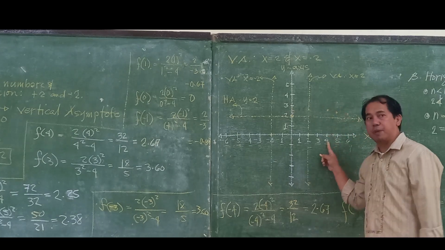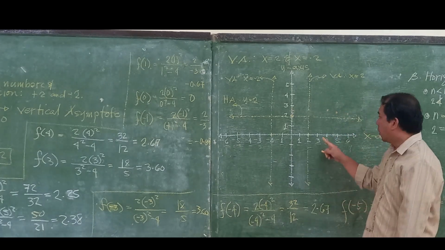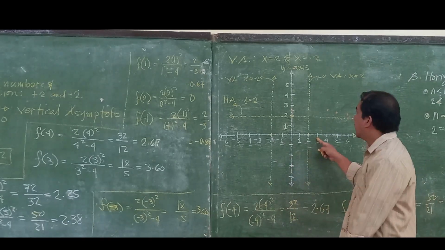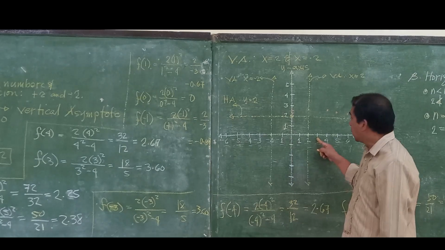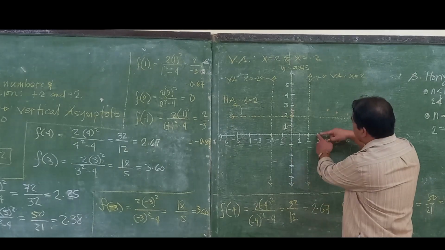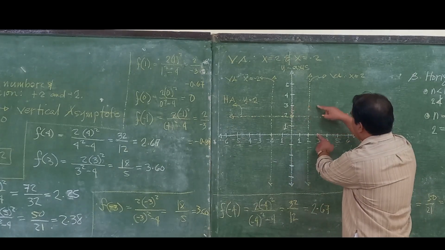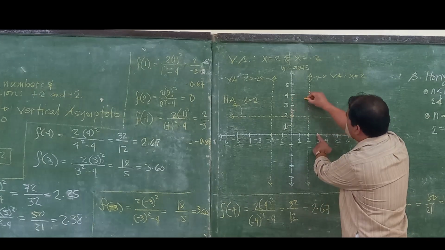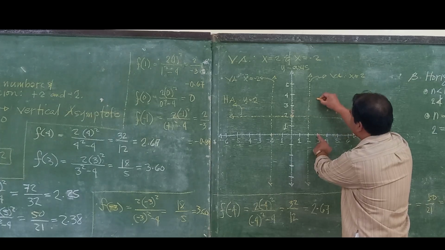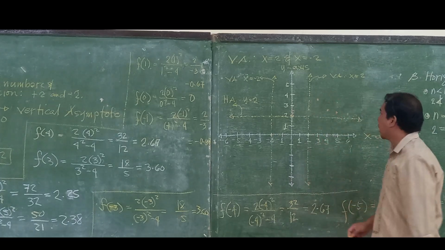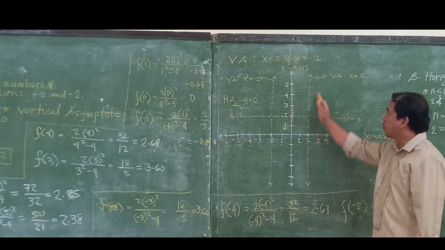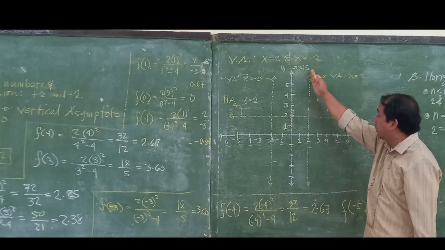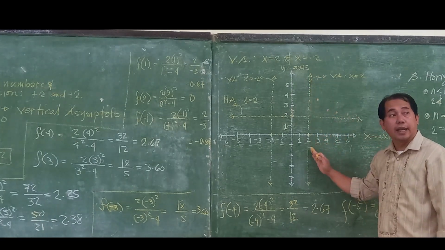If your x is positive 4. Now, if your x is positive 3, what would be the value of the y? 3.60. So, if this is your x, that is 3. How about the y? If this is 2.5, above 2.5 is 3.60. So, meaning to say, if we continue that one, the graph will rise, but it will not cross the vertical asymptote.